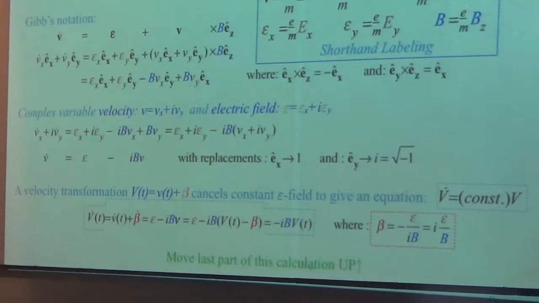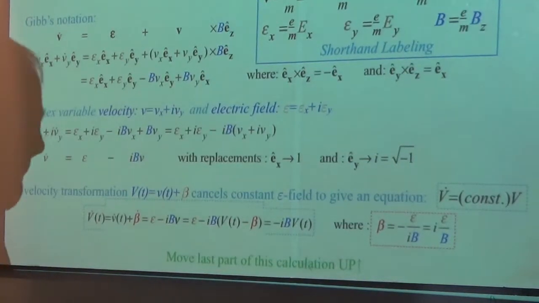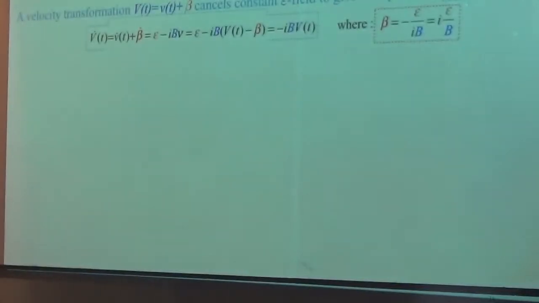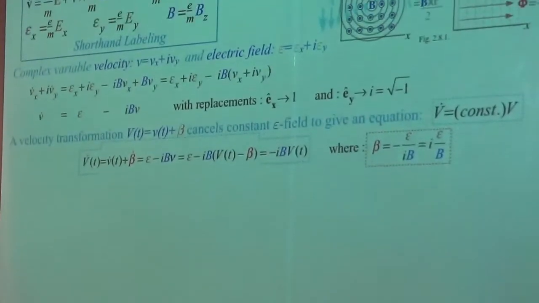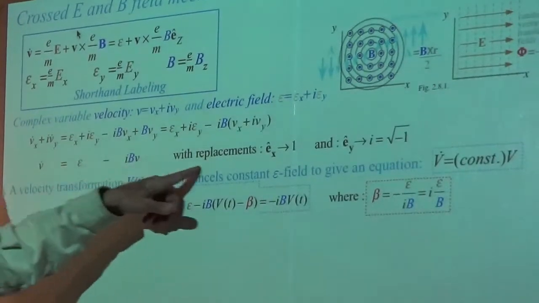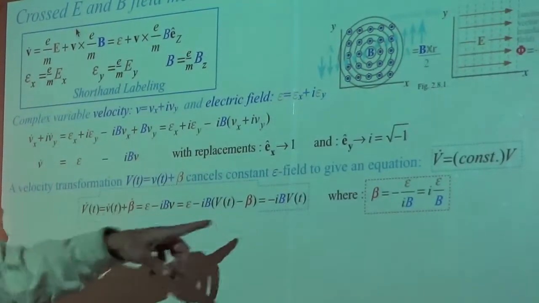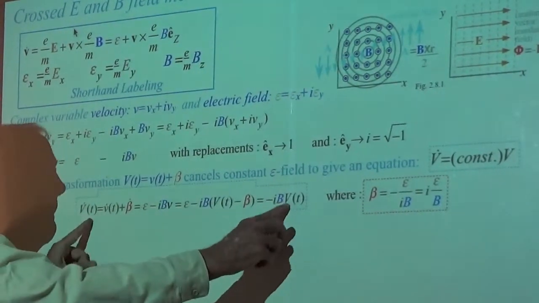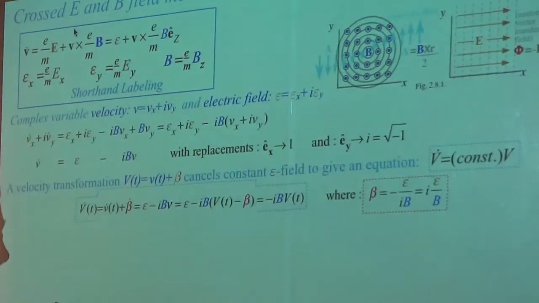And I think you know what that is. That's V equal e to the IB, or minus IB, times the initial V. In other words, it's going to rotate it. So let's move all this stuff up here to redo it. Here's where we made the replacements, and here's our new equation in complex notation.